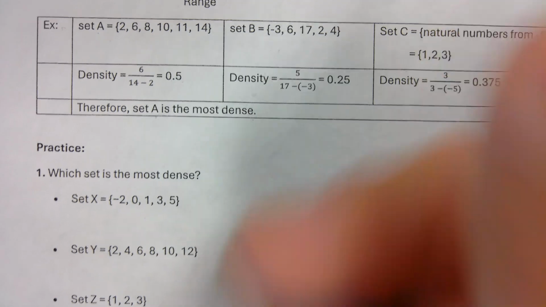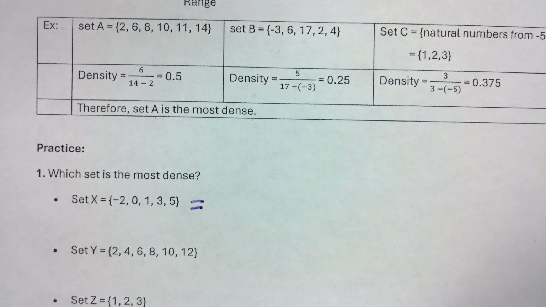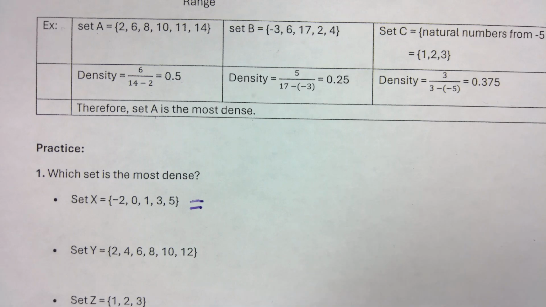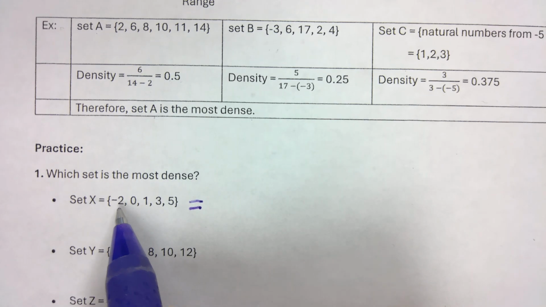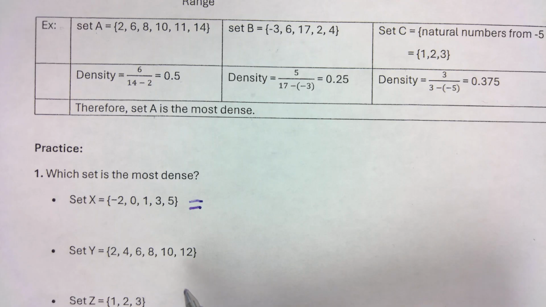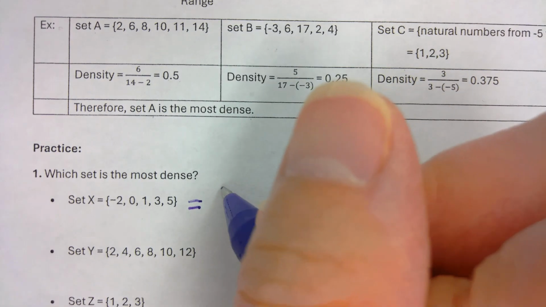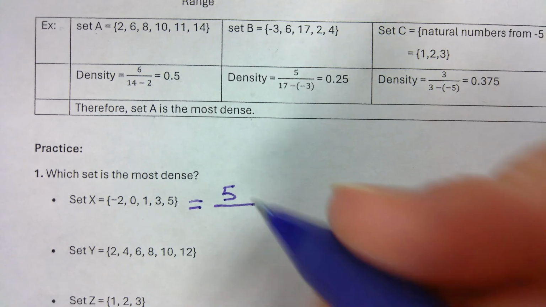So for the first set right here, who has the fraction for me for the first set? Sorry, I'm gonna pick on some people. Daniel. Okay, so let's work on it together. So how many numbers are in this set? 5, yeah, so 5. And then your biggest number minus your smallest number.